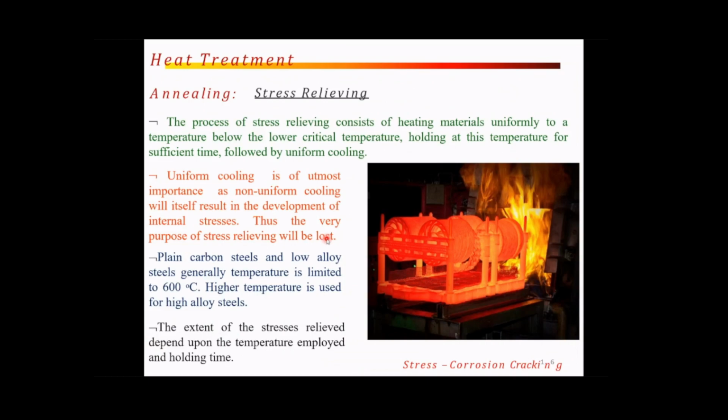Uniform cooling is of utmost importance, as non-uniform cooling will itself result in the development of internal stresses, and the very purpose of stress relieving will be lost. For plain carbon steels and low alloy steels, the temperature is generally limited to 600 degrees Celsius. Higher temperature is used for high alloy steels. So plain carbon steel, low alloy steels, and high alloy steels are subjected to stress relief annealing.